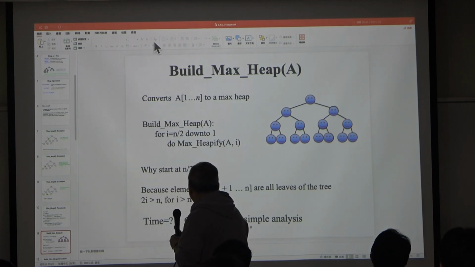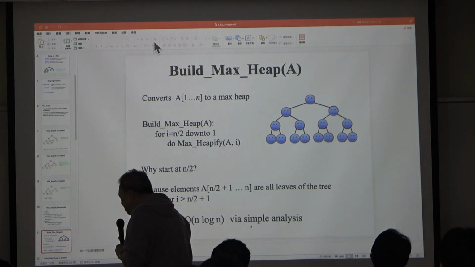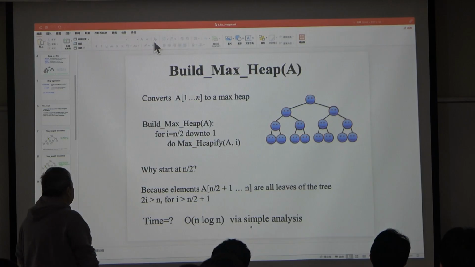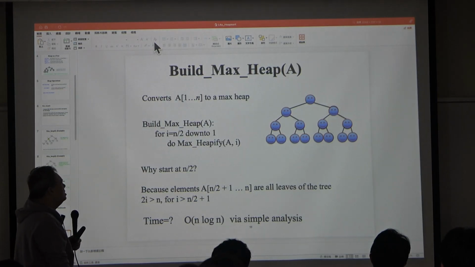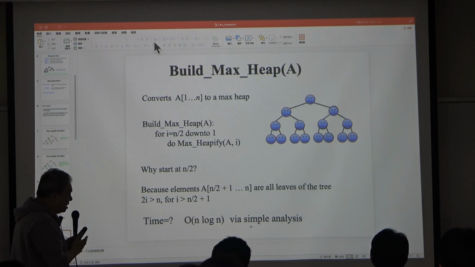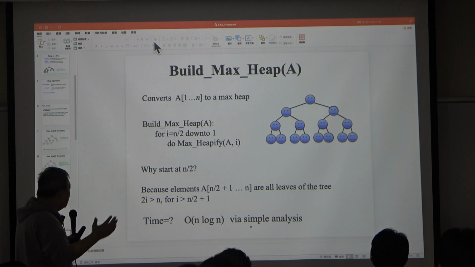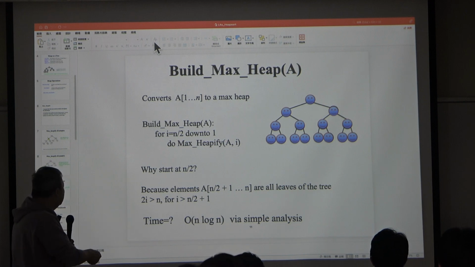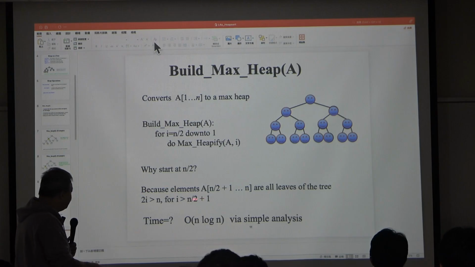So this is a very, very straightforward algorithm to create a heap from an unsorted array. Okay. So how about the time? What's the time complexity here?